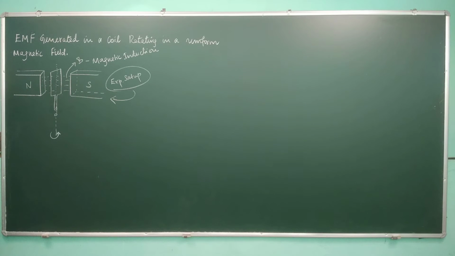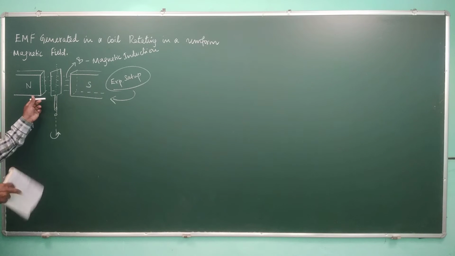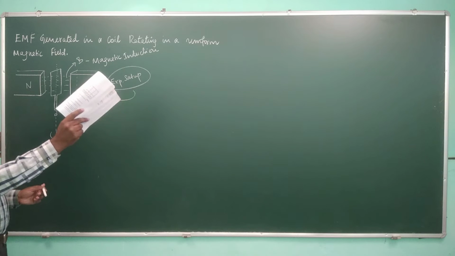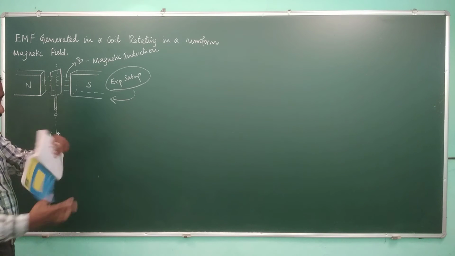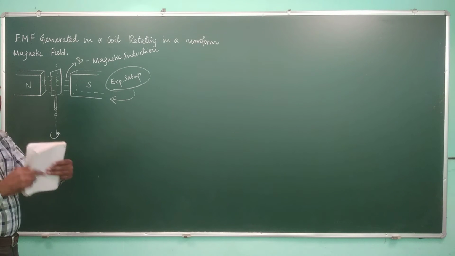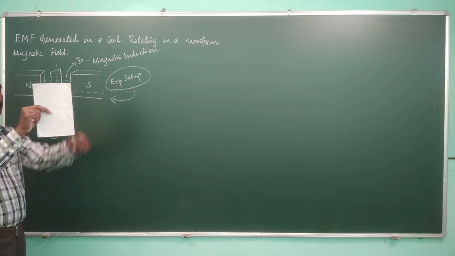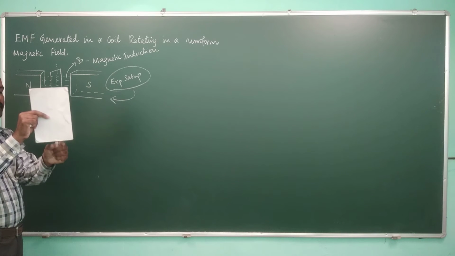Now assume a situation where this rectangular coil lies perpendicular to the field. If magnetic field lines are going in this direction, assume that this book is the rectangular coil, and we are taking the outputs here.